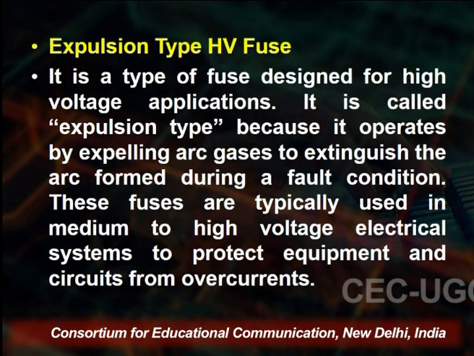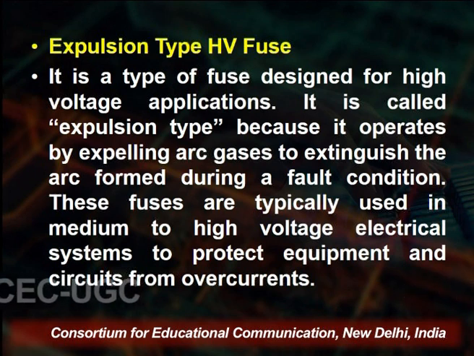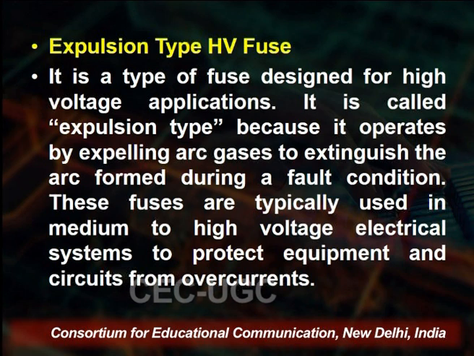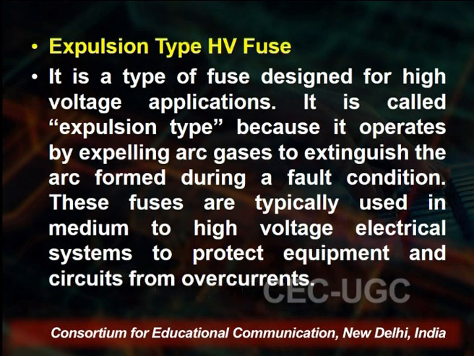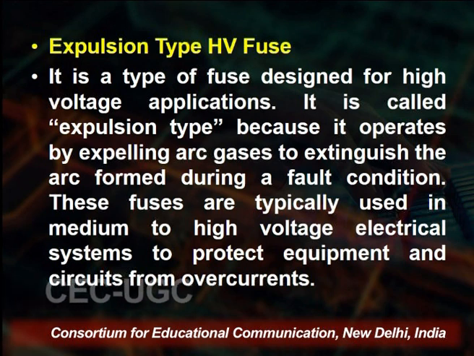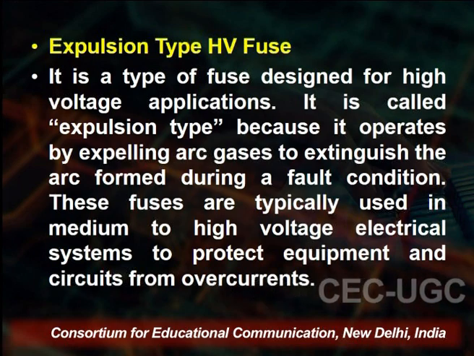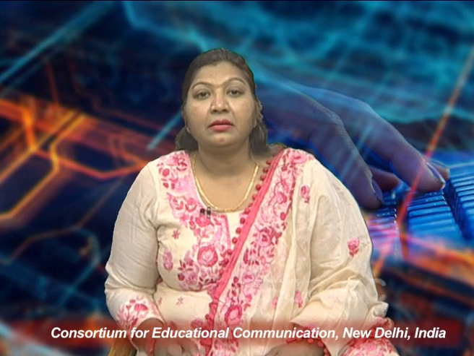The next type is the expulsion type of HV fuse, and it is a type of fuse designed for high voltage application. Up to now we are discussing the high voltage, so this is also used for high voltage application. It is called the expulsion type because it operates by expelling the arc gases to extinguish the arc formed during the fault condition.